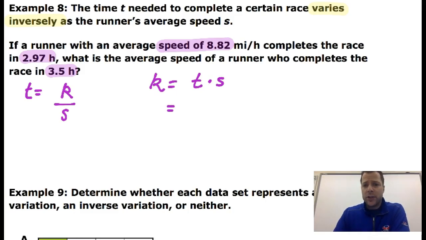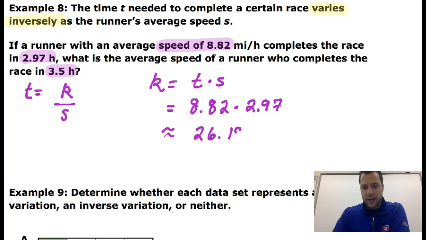Okay, our original speed here is 8.82. Okay, and we're going to multiply that by our time, which is 2.97 hours, which gives us approximately 26.195.